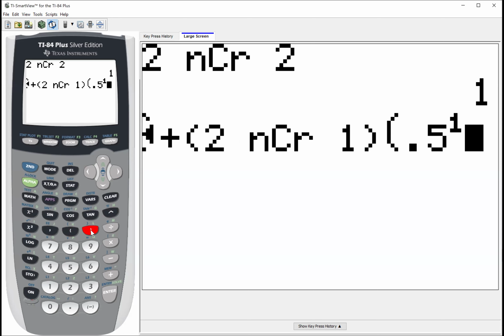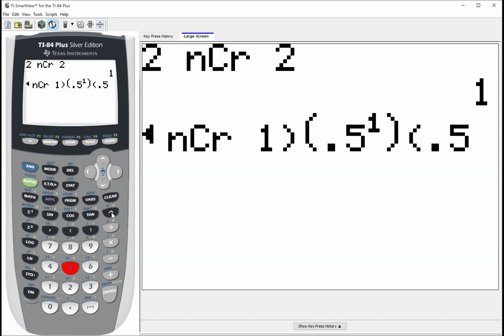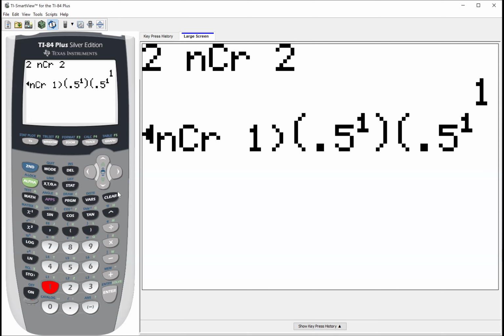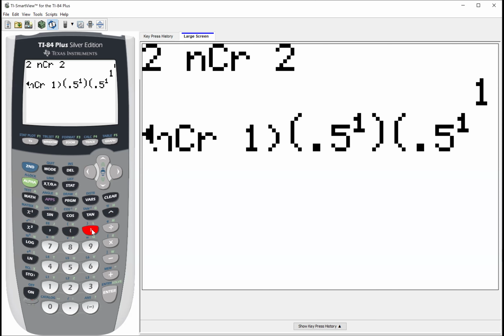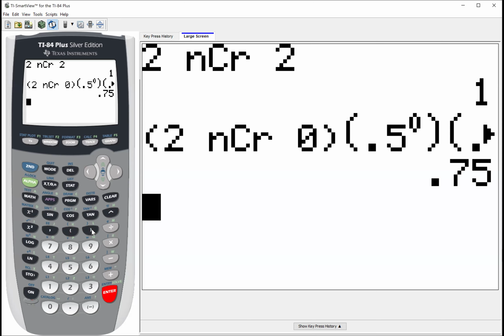Now we could close the parenthesis, times 0.5 raised to the 2 minus 1, which is 1. Close the parenthesis. And we already said we know we should get 0.75, right? Because we did it by hand. And we do, right? We get 0.75.